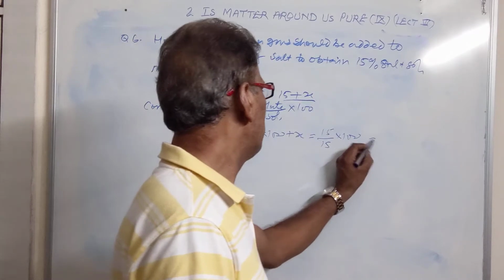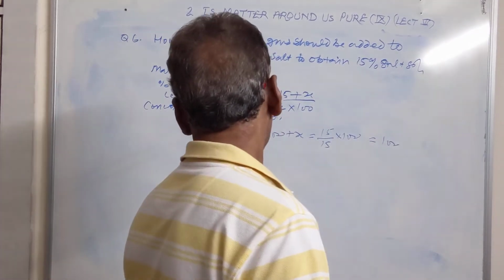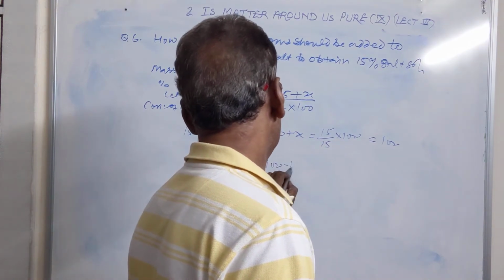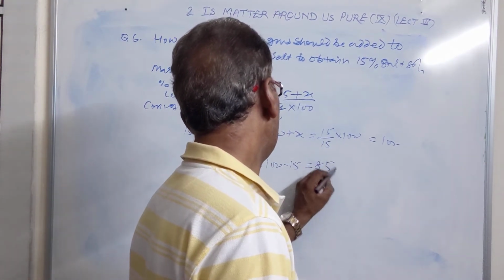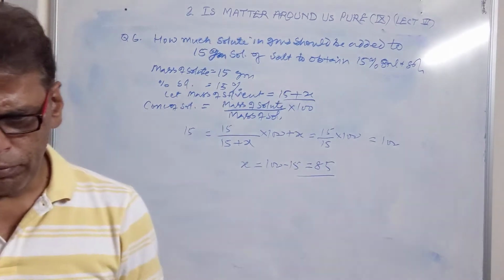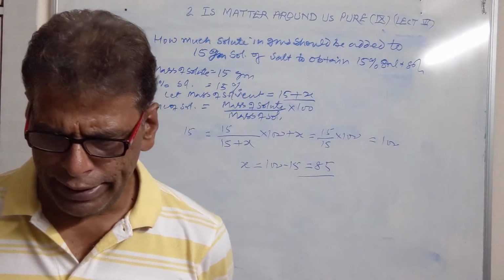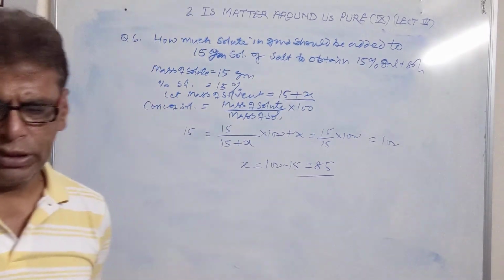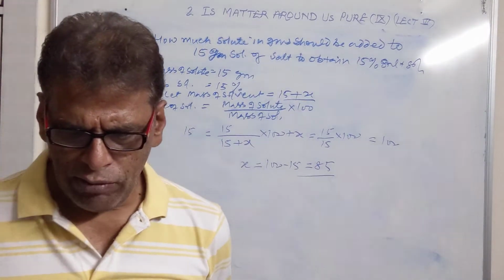So this will be equal to 100. Now we want to calculate x. X will be equal to 100 minus 15. It is 85. 85 gram of the solvent should be added to get the 15% solution of the salt. Then we have the next problem.